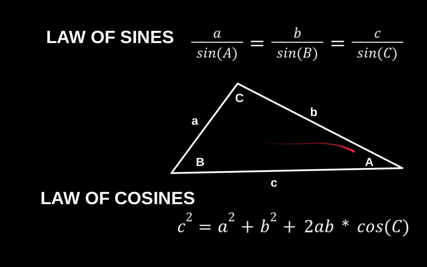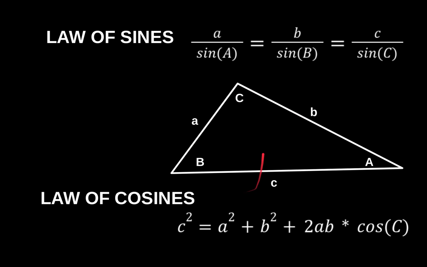Notice that a is directly opposite from capital A, is equal to you doing that same thing except with a different line and the angle opposite to it. So if I were to plug this into a calculator, the length of a divided by sine of the angle A should equal the length of b divided by the sine of the angle B, which should then equal c divided by sine of angle C.